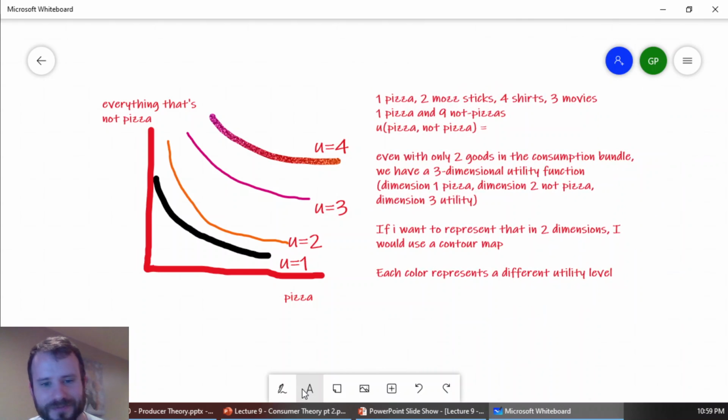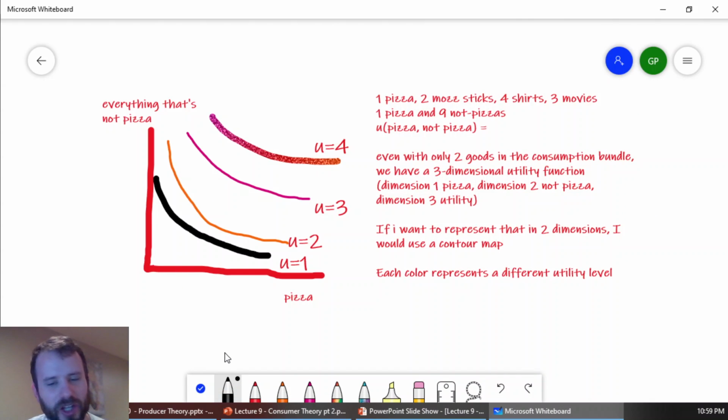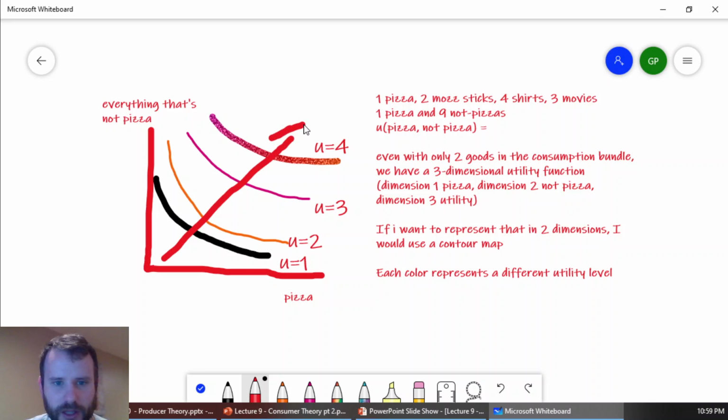All right. A couple points I want to make. We have the consumption bundles. They're typically increasing in utility as you go further up.